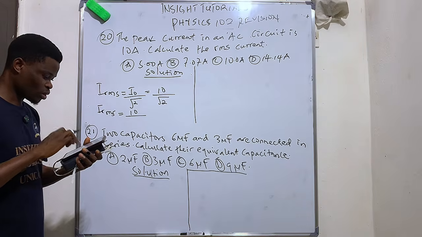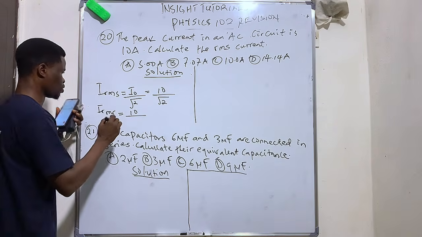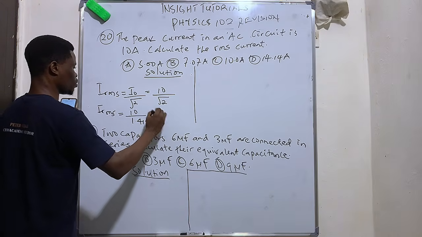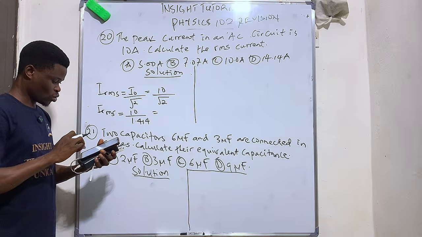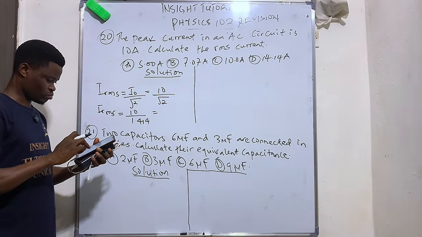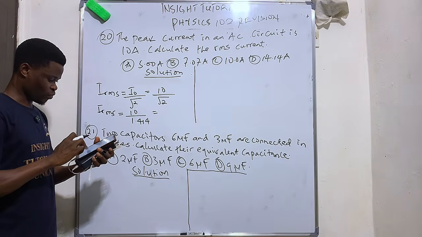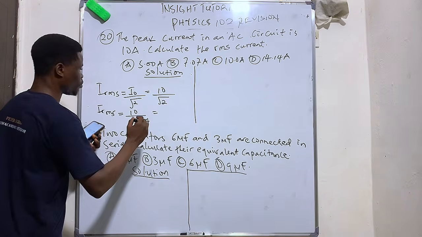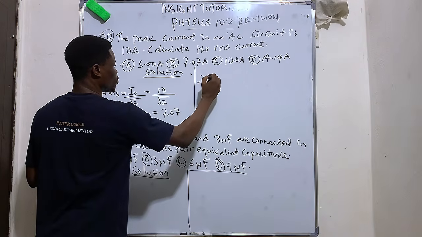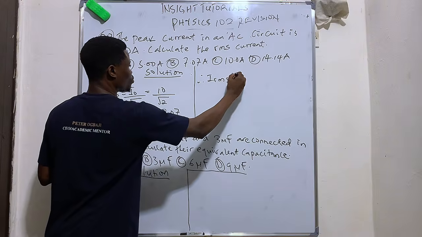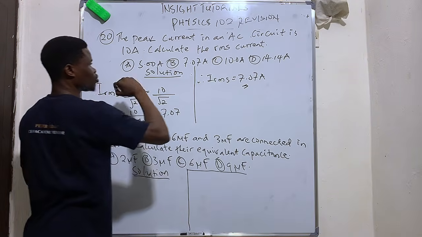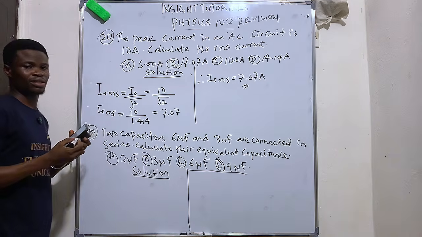Okay, so the square root of 2 is 1.414, and 10 divided by 1.414, we have 7.07. Therefore, the correct root mean square current is 7.07 ampere. So making option B the correct option.